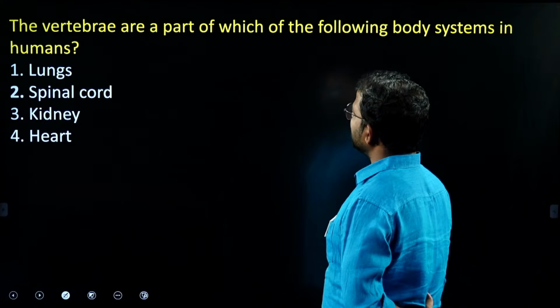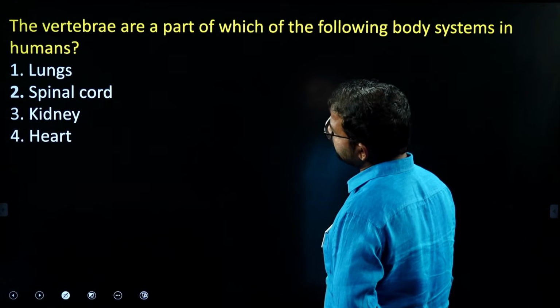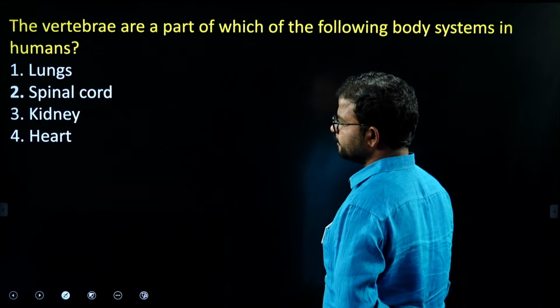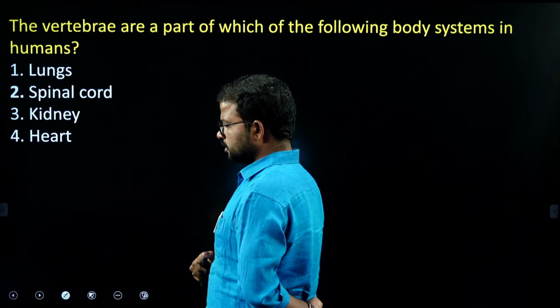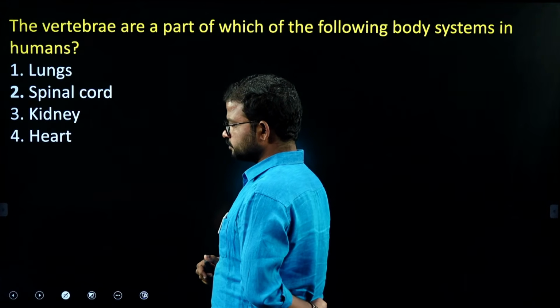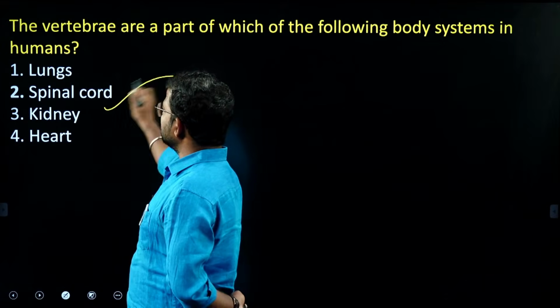Next, the vertebrae are a part of which of the following body systems in humans? Lungs, spinal cord, kidneys, heart. Option 2, spinal cord, of course.